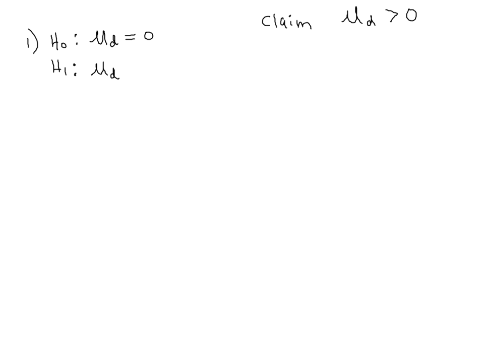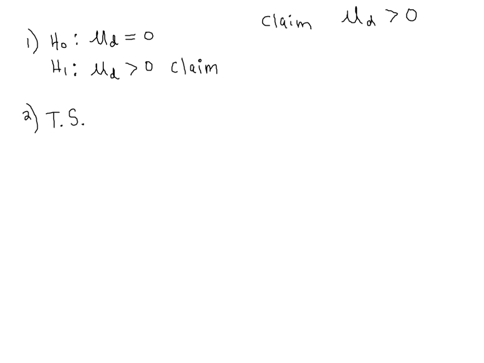We noticed that the ones who lost weight had a positive difference. So greater than 0, that's our claim. And because it has greater than, it goes in the alternate. So that's step 1.